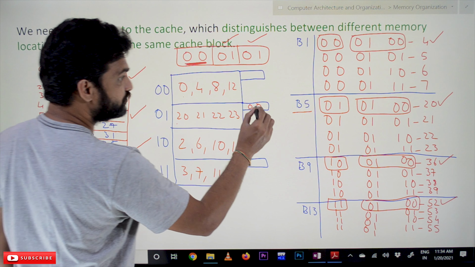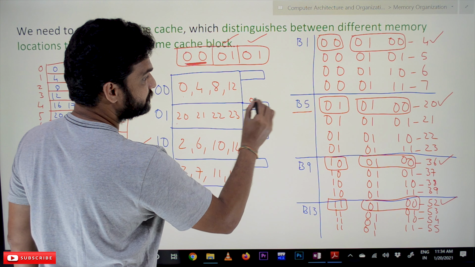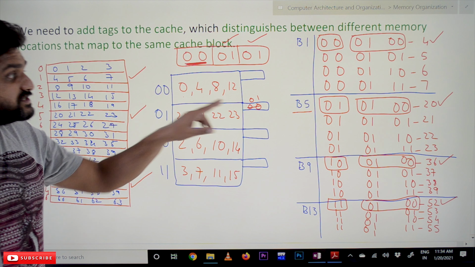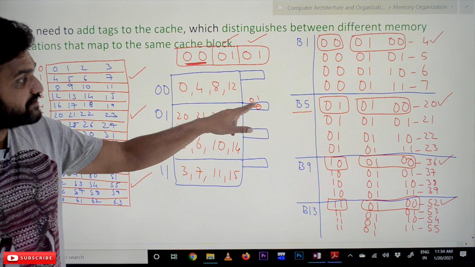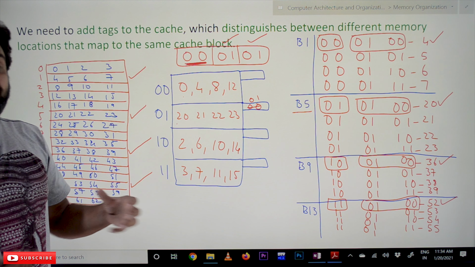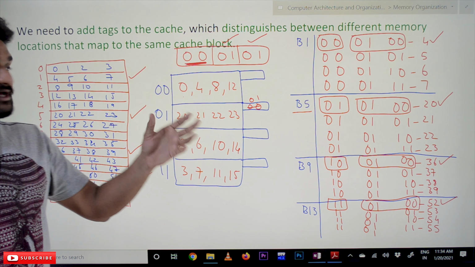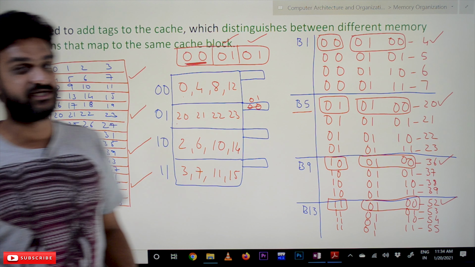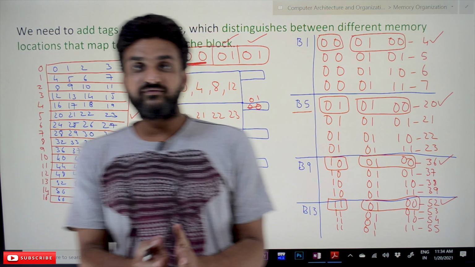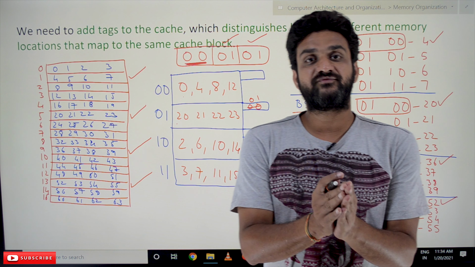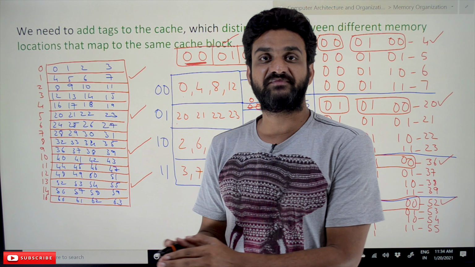So what are those 2 bits? It is 0 1. So with these tag bits we are going to know that this particular value is there in the location. This is how the address mapping of the cache memory and the main memory will happen.